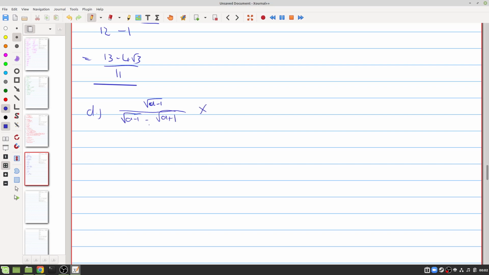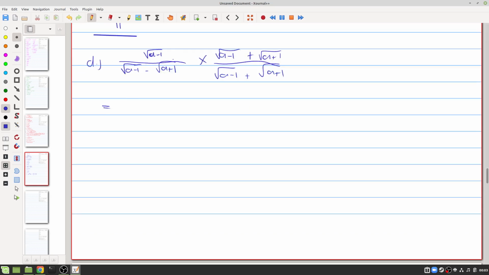Again, we're going to multiply by the conjugate of the bottom. So we're going to multiply by square root of a minus 1 plus, instead of minus, square root of a plus 1 over itself.